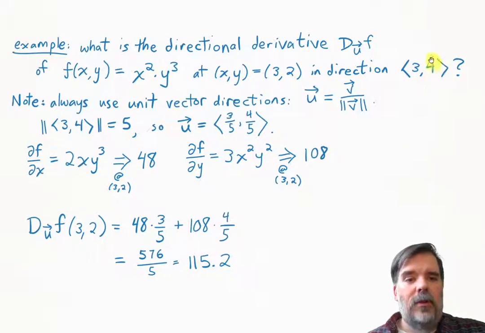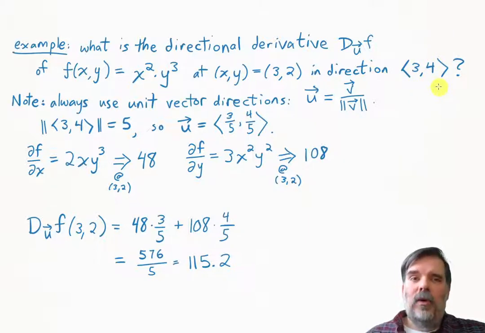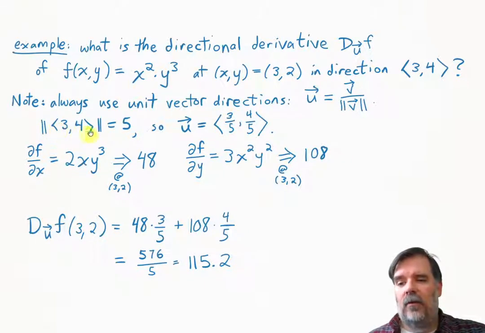So if our given direction is v, we want to convert v to a unit vector u. The way we do that is we divide the components of v by the length of v. For example, the length of the vector (3,4) is 5, and therefore the unit vector will be (3,4) divided by 5, which is the vector (3/5, 4/5).